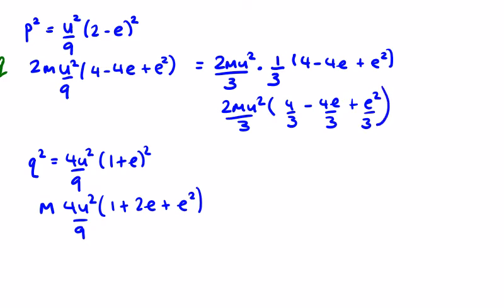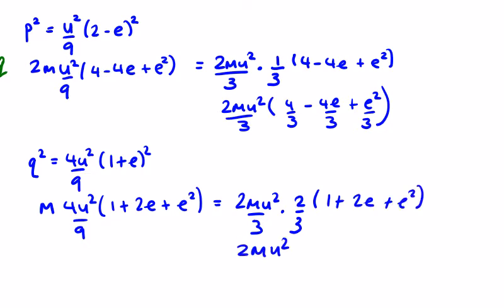And similarly down here, if we factor out 2mu squared over 3, I'd have to multiply that by 2 over 3 to get 4mu squared over 9. So it's 2mu squared over 3 times 2 over 3 times 1 plus 2e plus e squared. So that becomes 2mu squared over 3 times 2 over 3 plus 4e over 3 plus 2e squared over 3.